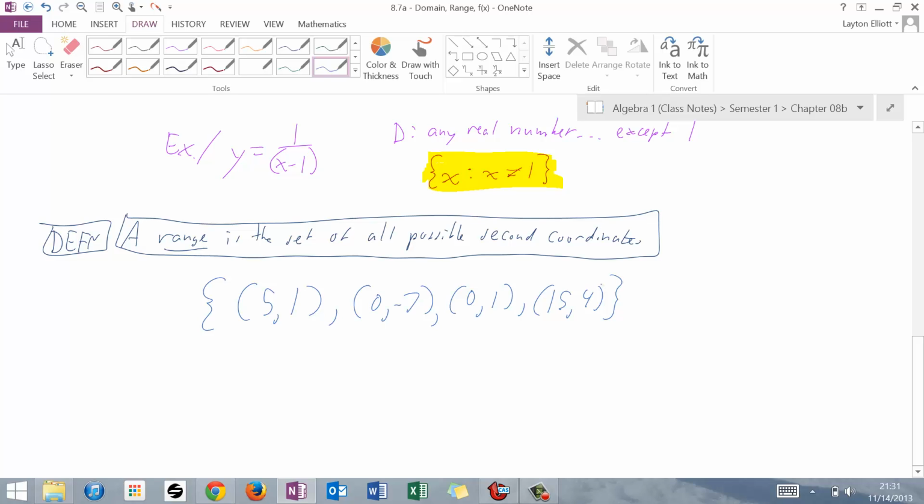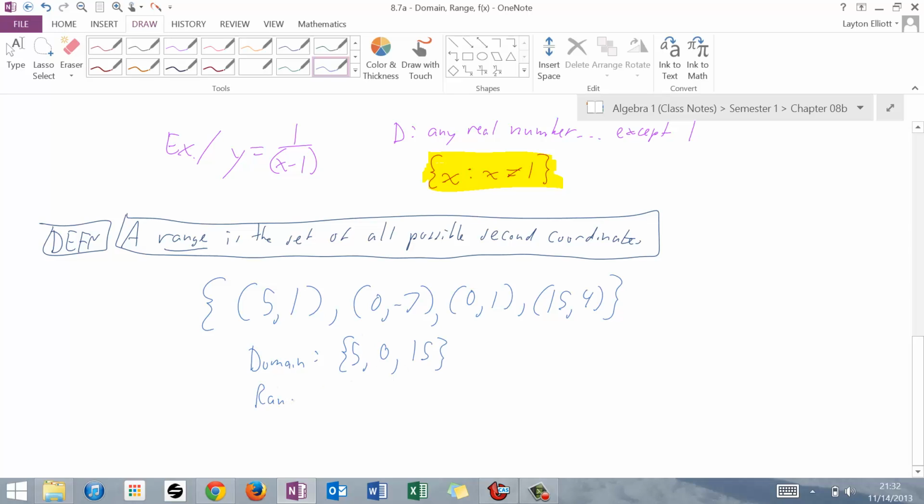If I'm going to say what is the domain, I need to list off all the first coordinates. So listing off all the first coordinates would be 5, 0, and 15. You don't want to repeat them, and there's no need to, so don't list the 0 twice. They don't need to be in order, but I just don't want to put the 0 twice.